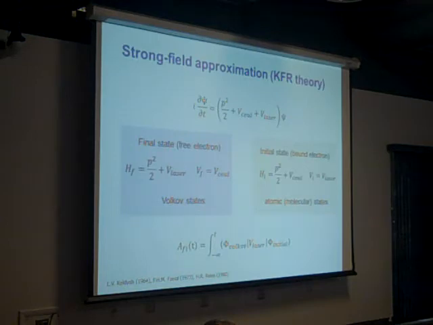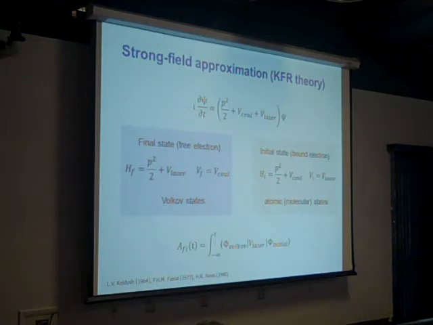Now to do this, I have to think for a moment about my process. I want to describe a multi-photon ionization process. In the initial state, my electron is bound. Now if my electron is bound, maybe it's a good approximation to neglect the laser field for a moment. So I describe my initial state with my electron strongly bound. I consider this as a reference Hamiltonian, like I have done in perturbation theory, and I consider this one as the interaction.